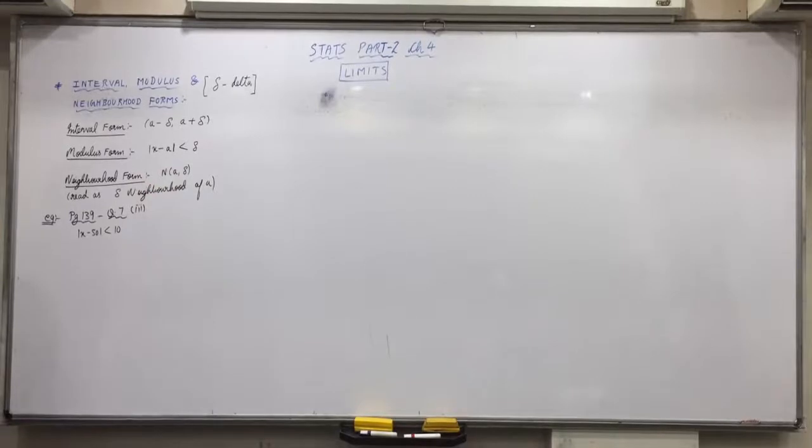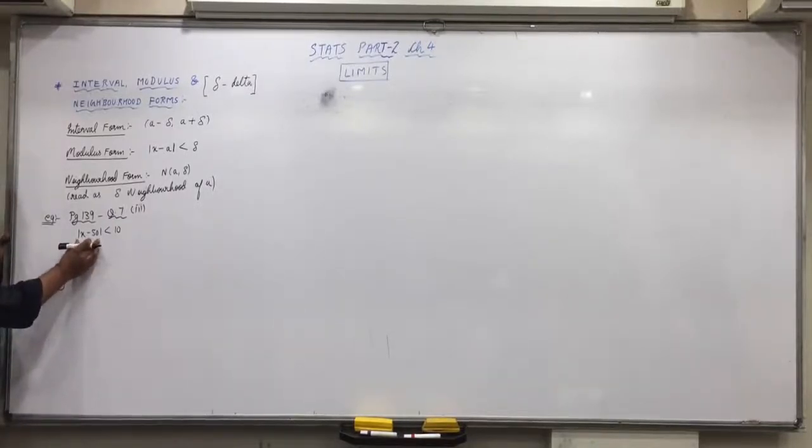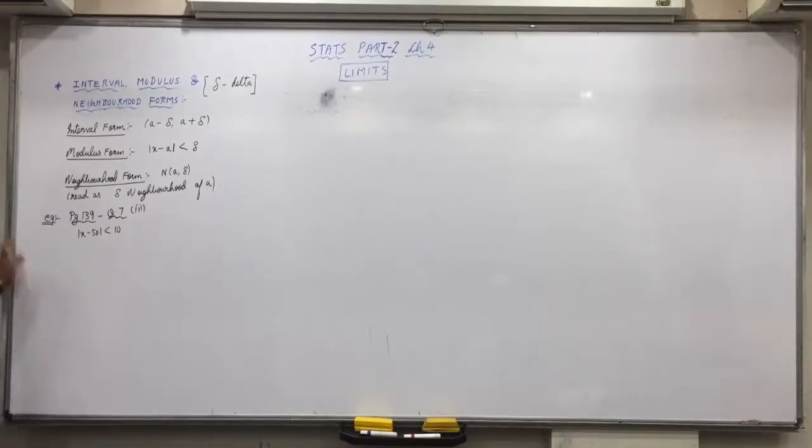Just to recollect and revise, when we did the chapter on normal distribution, we did not do these three terms. So I explained with a different concept: modulus means if you remove the modulus, it includes negative numbers as well as positive. So |x - 50| < 10 means if you remove the modulus, it will be between -10 and 10.